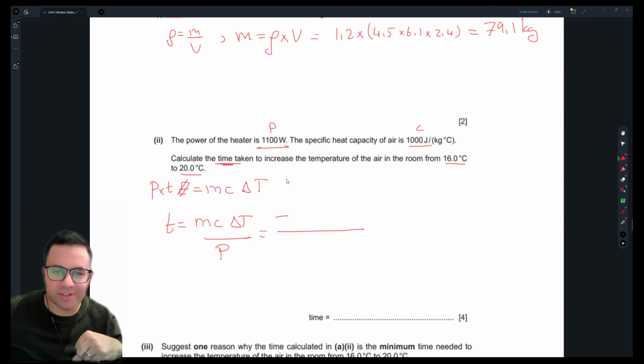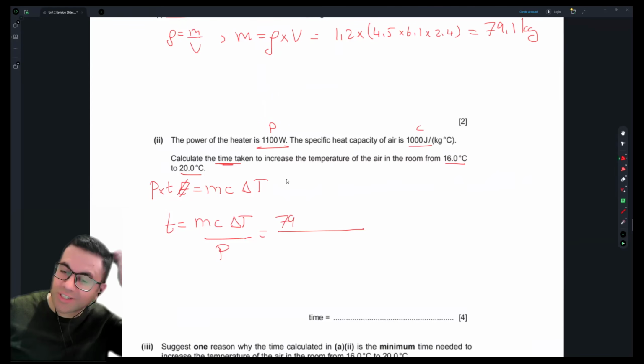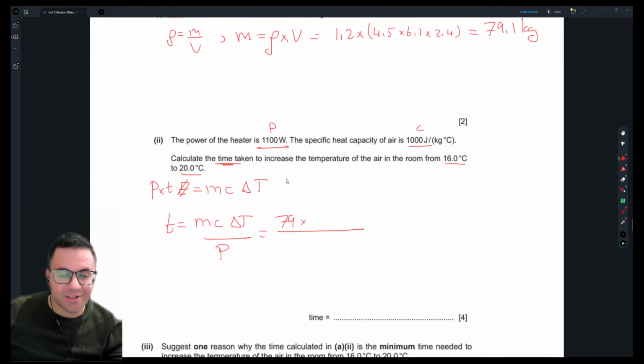The M is 79. I'm going to assume you couldn't get this. So 79, I'll copy the value he just gave me, times C, which is 1,000, times delta T, the change in temperature. So 20 minus 16, which is 4 degrees, over power, which is 1,100.